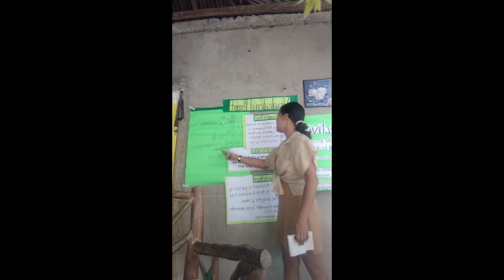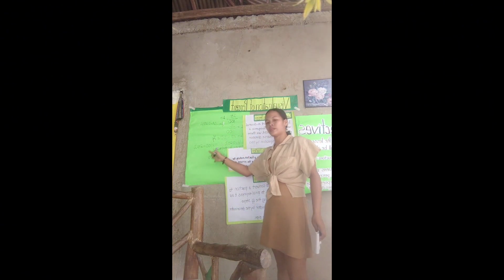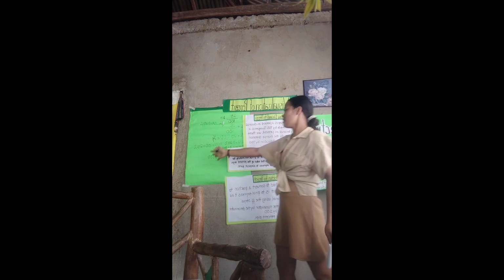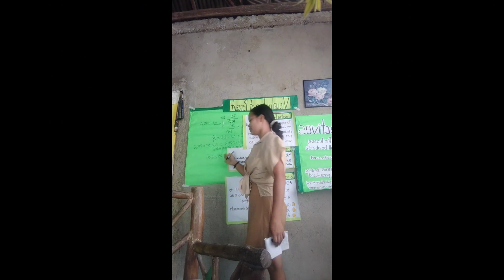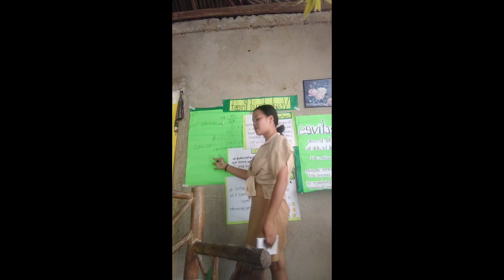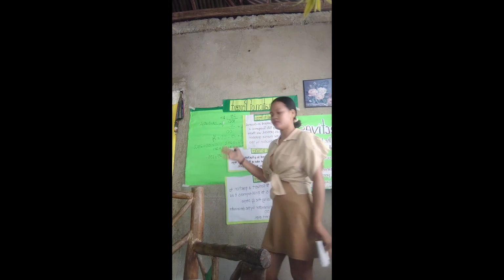So we have here a decimal, 0.25, and then we multiply it by 100, and then we add the percent sign. 0.25 times 100 is equal to 25%, and then we just copy the percent. So we have 25%.